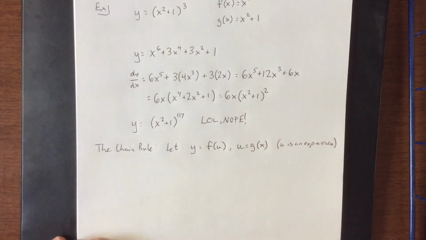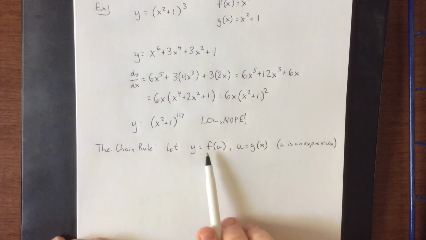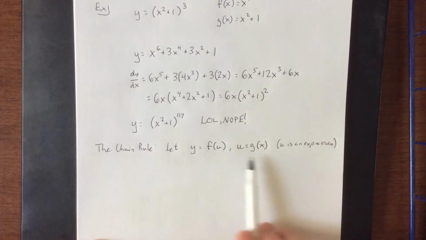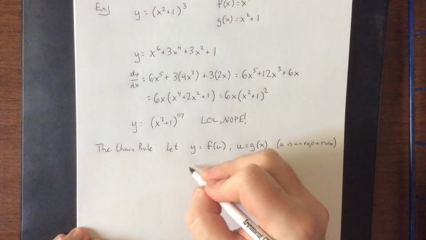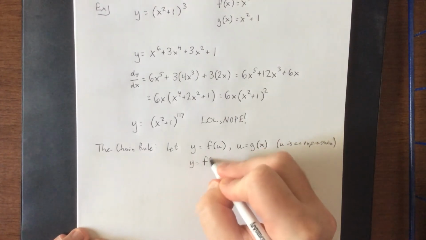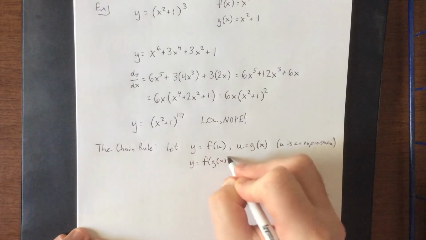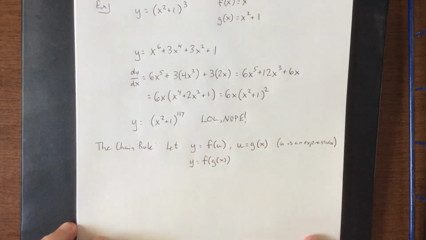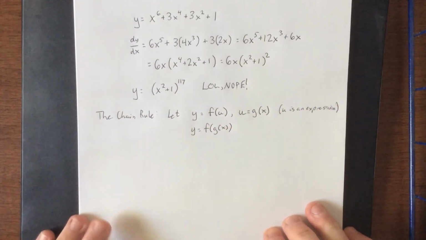In terms of a composition of functions, f would be known as the outside function, and g would be known as the inside function. So you'll notice that if we actually performed that substitution, we would have the composition that we talked about just a moment ago.